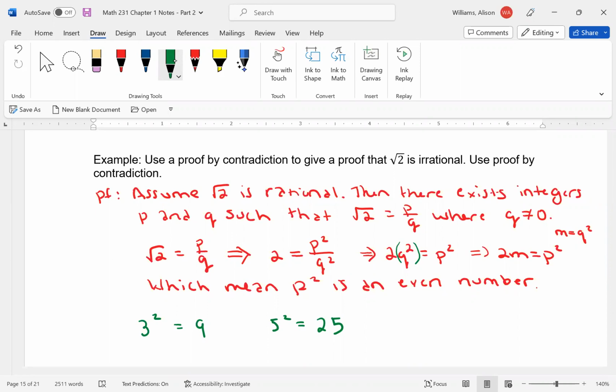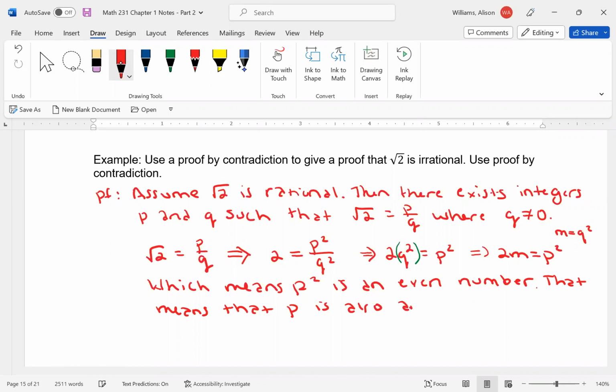That means that the original number has to have a 2 in there in order to work. Has to. So that means that P must also be an even number. Sorry, I should have an S on there, which means P squared is an even number. That means that P is also an even number.